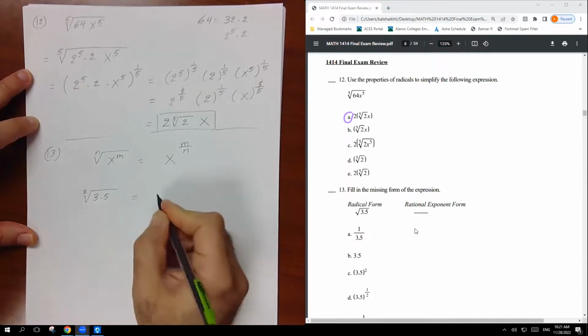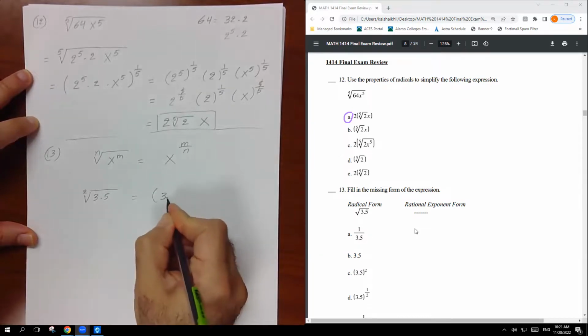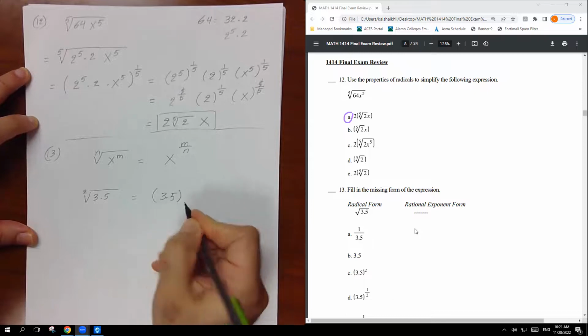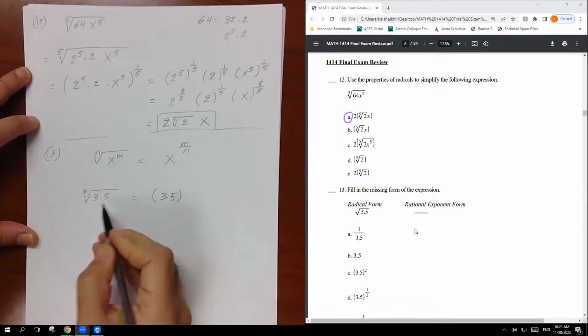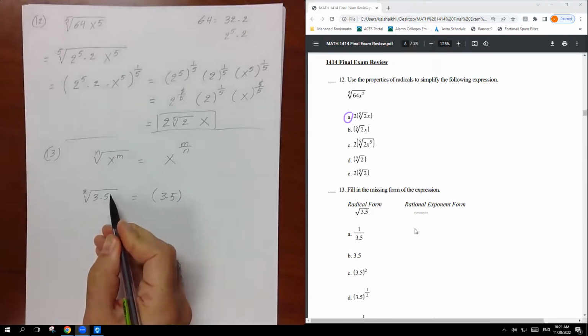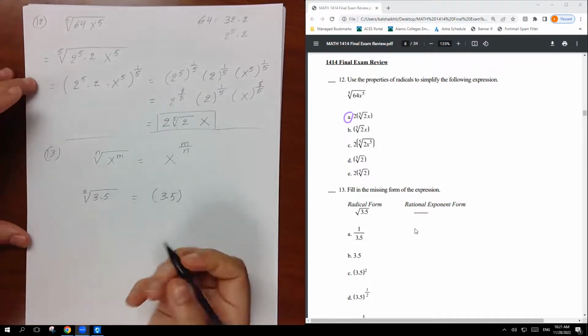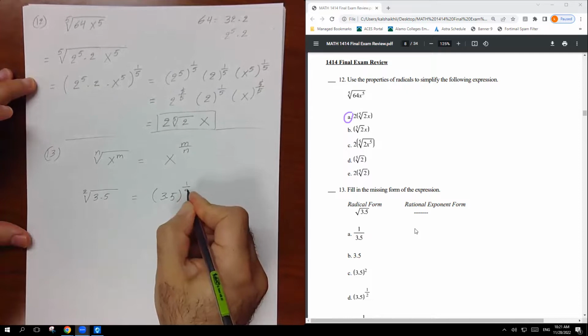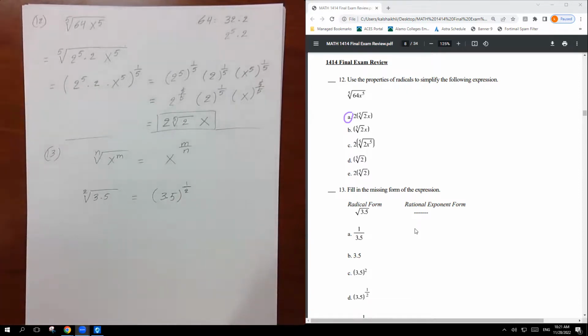To convert that, it's just going to be 3.5 to the power, m is 1 and n is 2, so to the 1 over 2. That's it. This is the solution for 13. So we're going to choose D. That's it for number 13.